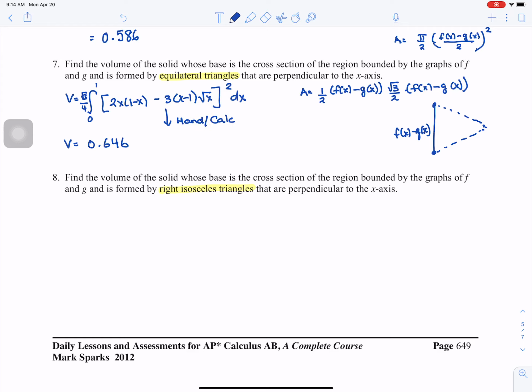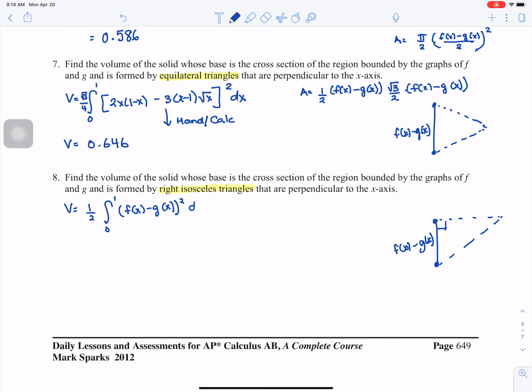And for a right isosceles triangle, I have my f of x minus g of x, and then I have a right isosceles triangle being formed. So my volume will be 1/2 the integral from 0 to 1, 1/2 base times height. My base and my height would be f of x minus g of x.